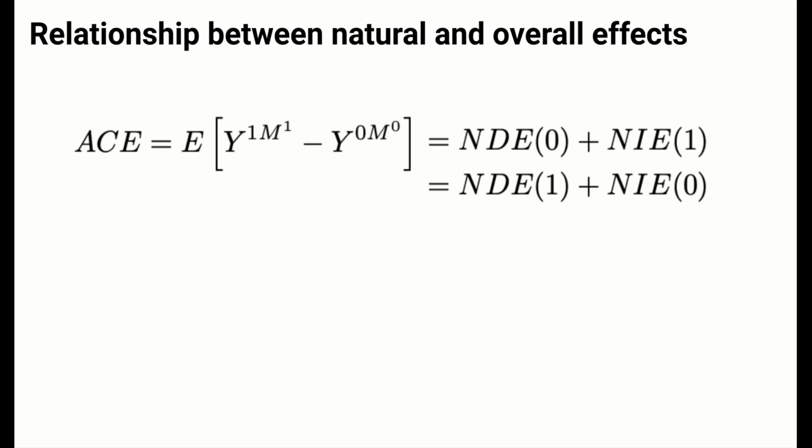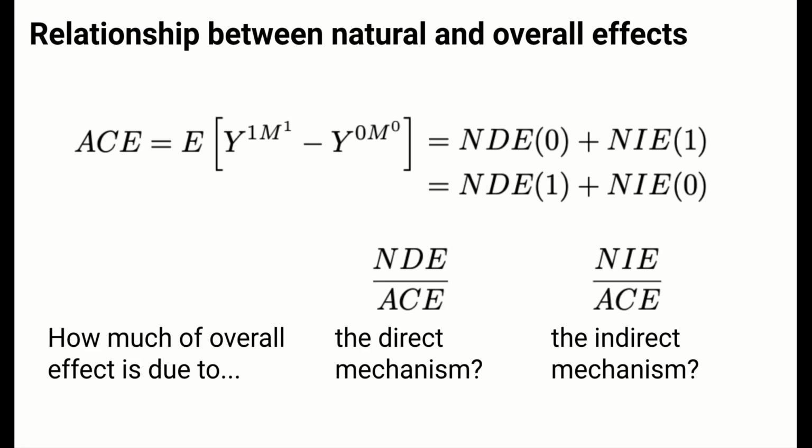So check for yourselves that this is the same as the sum of the natural direct and indirect effects. The implication of this is that if the natural direct and indirect effects are of the same sign, we can view each as the fraction of the overall average causal effect. These allow us to quantify how much of the overall causal effect is due to the direct mechanism, how much is due to the indirect mechanism.